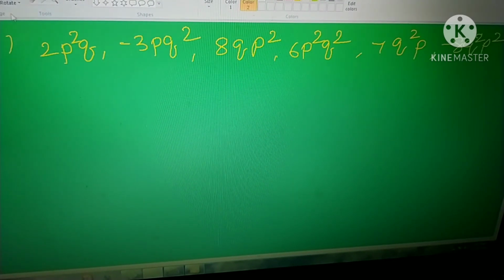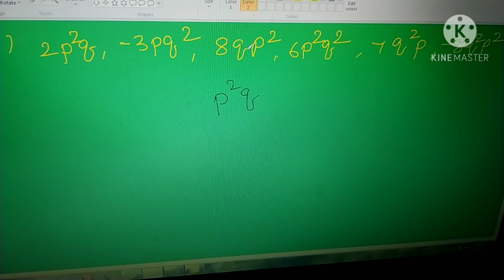Okay, see, write on that one. So observe first given terms. Here p square q term is there, right? So first observe for p square q. Here we have p square. So though these two are, first they have given here q, and after that they have given here p square, right?